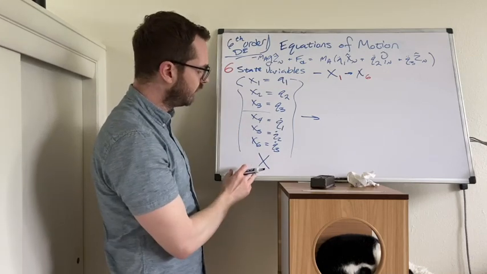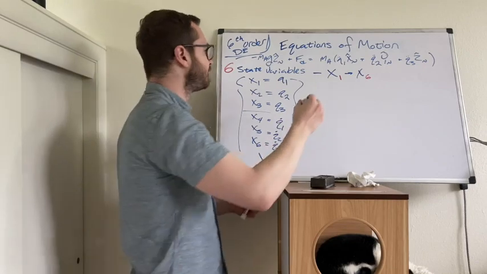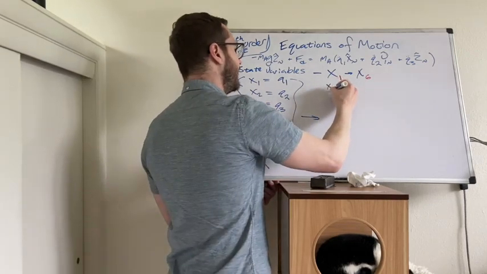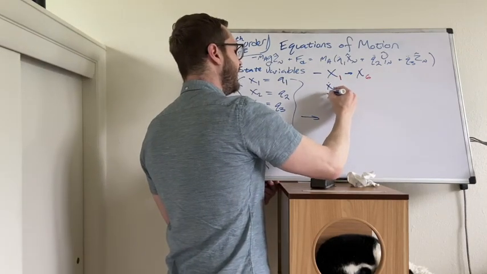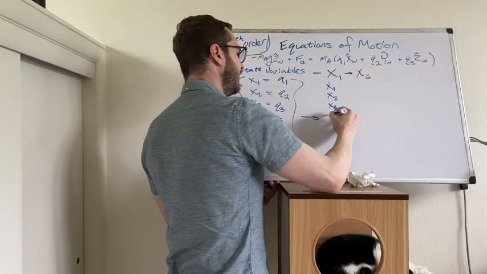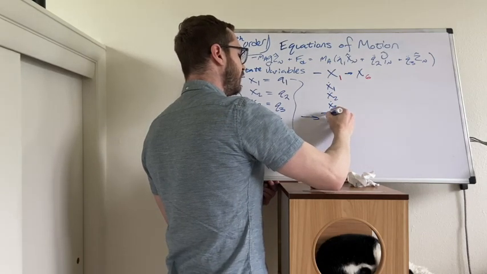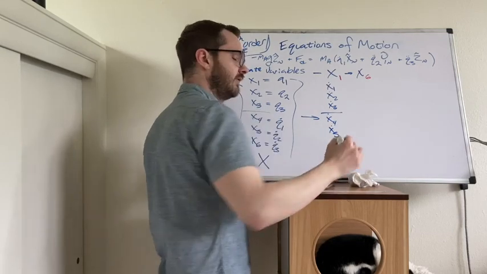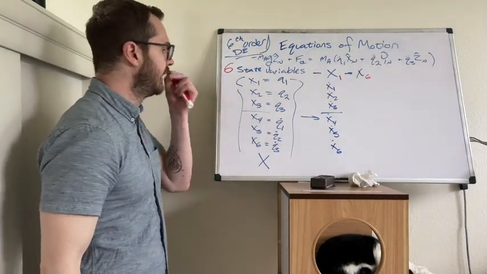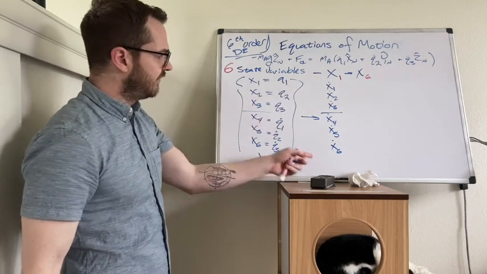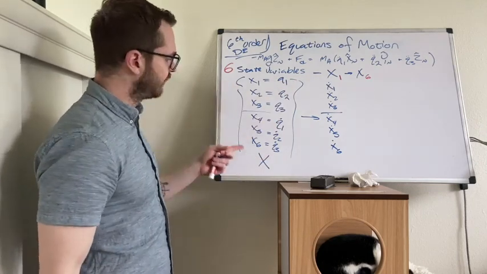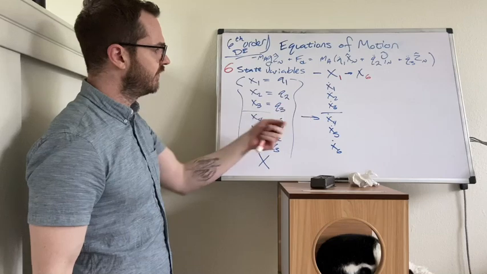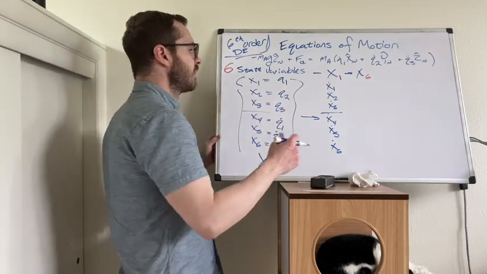What we now want is to define x dot. So x1 dot, x2 dot, x3 dot, and x4 dot, x5 dot, x6 dot. Again, same vector, x1 through 6, and here's x1 through 6. Now we've just put dots on it.